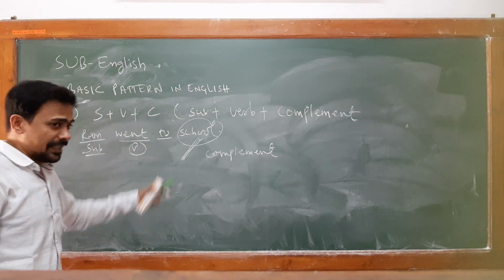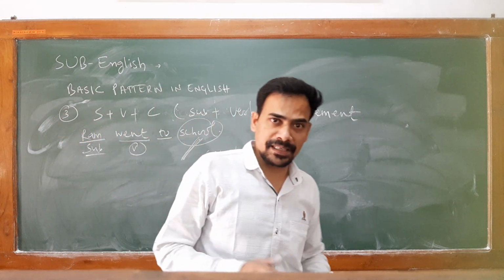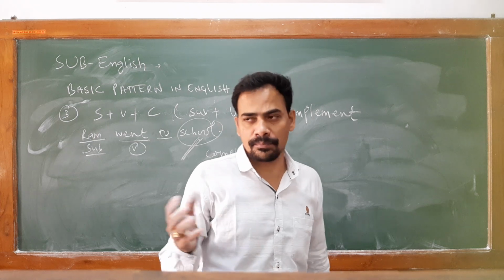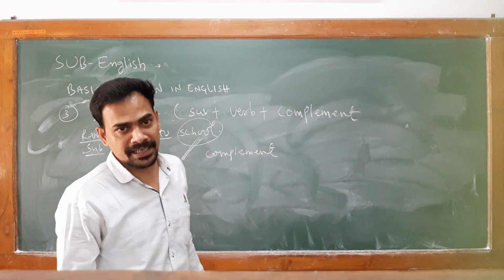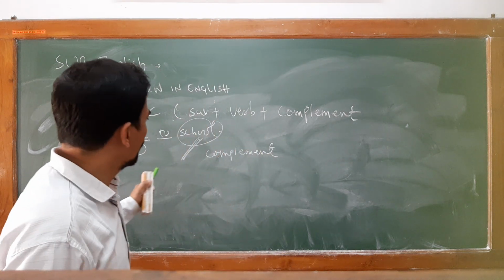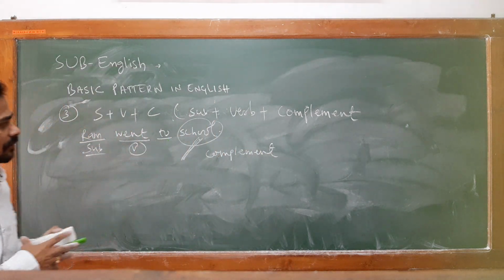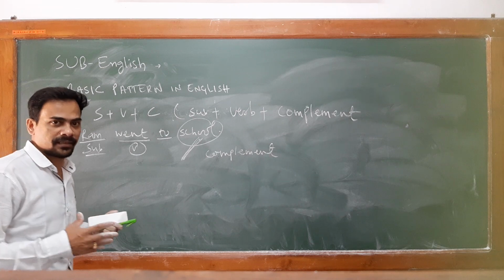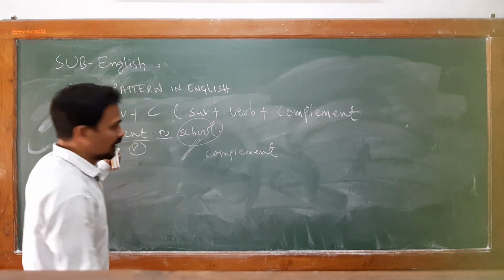Now, complement is a word which can complete your sentence. Sometimes it happens that in the absence of a few words, your sentence may not have complete meaning. So you need to add the words so that the word can provide 100% meaning to your sentence.